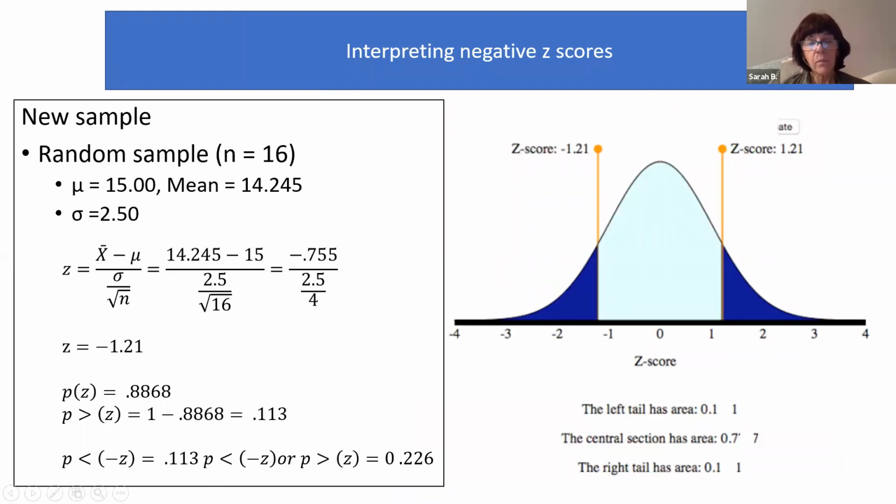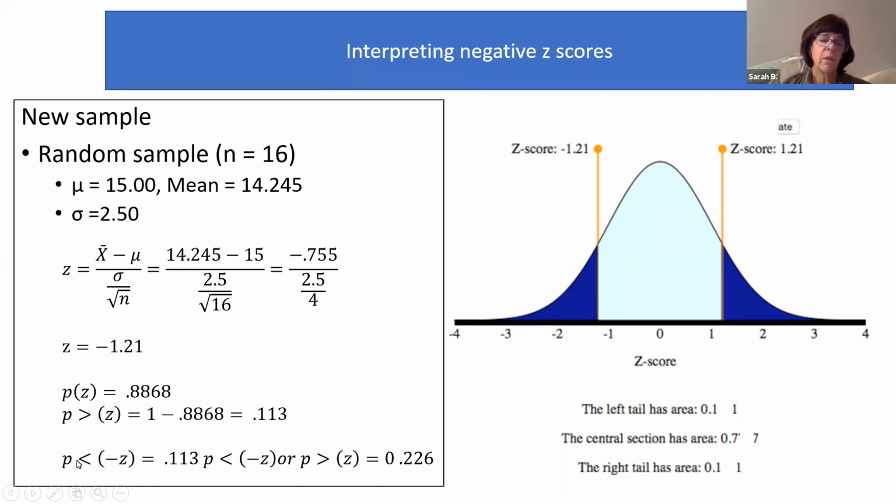Now, to find out what the total proportion is, not between, but beyond the scores of negative or positive 1.21, you add those two probabilities.